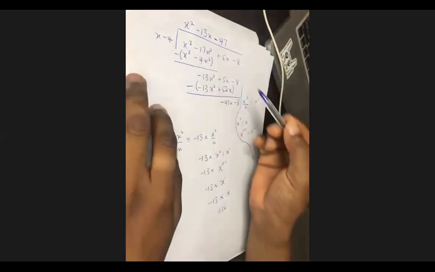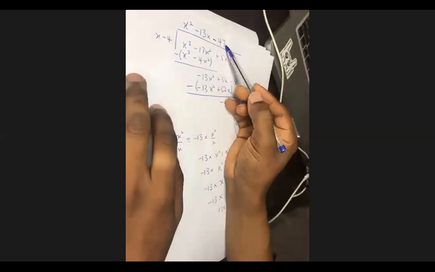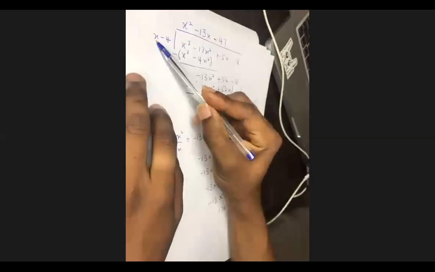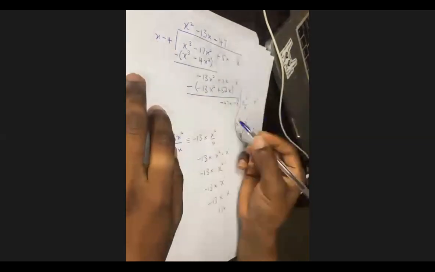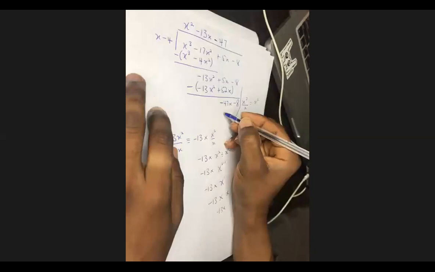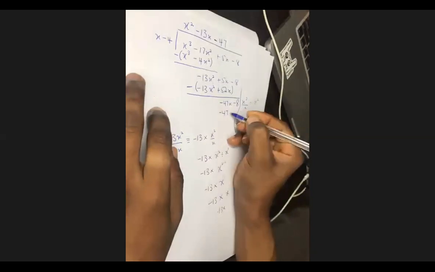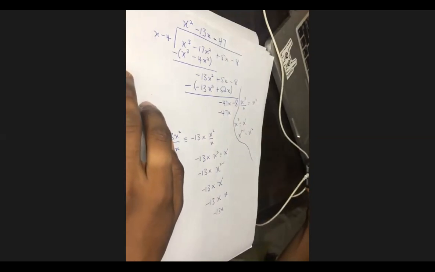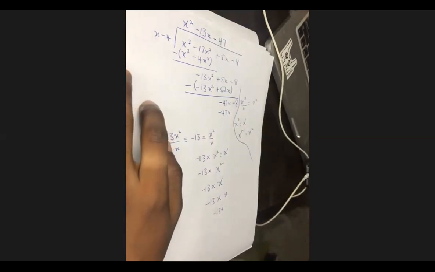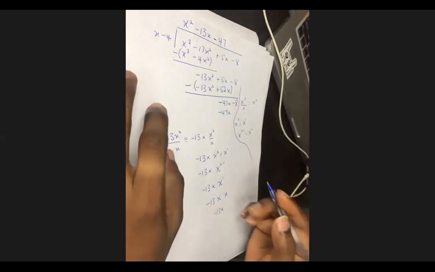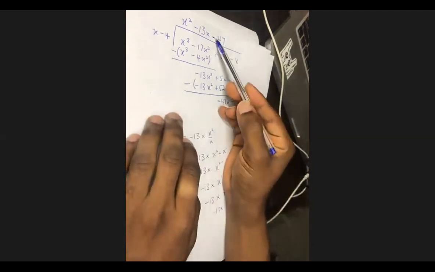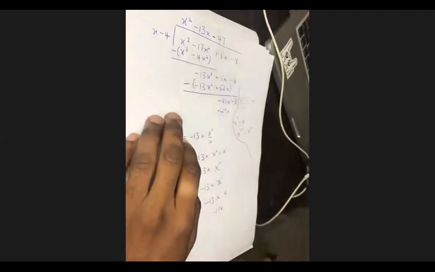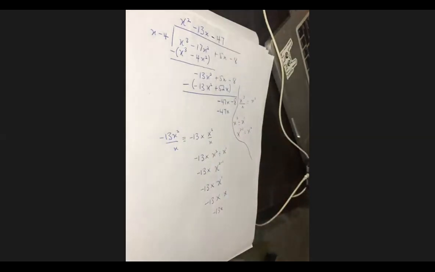So I have negative 47 times x. So I have negative 47x. And then I have negative 47 times negative 4. What do I have? 188.